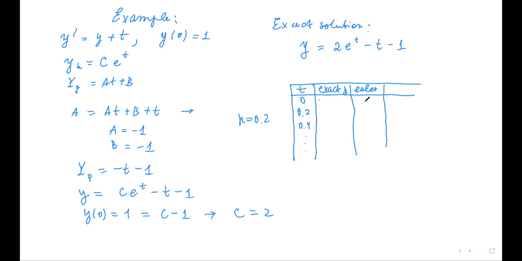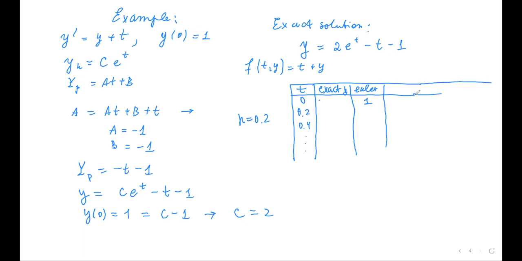You start with 1, and for the second step, if this is y0, that's going to be y1, right? You are going to have y0 plus the value of a function, like this one, that's my function. I'm going to label that f of t, y equals t plus y, a very simple function, multiplied by the step. And I'm going to show it in the Excel file.